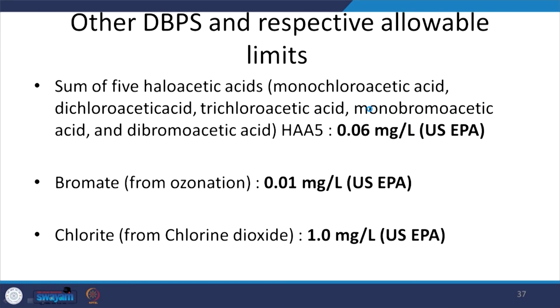So there are other disinfection byproducts which are not regulated in India due to various reasons. For example, haloacetic acid and such, for which in the developed countries we have the relevant standards, but in India we do not have that. So that's something to keep in mind. Again, bromate formed when Br minus reacts with ozone, that's also regulated there, right?